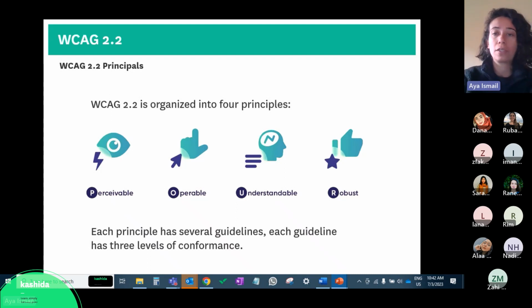So information has to be presented in a way that readers can actually access. And for each one of those principles, there's a list of guidelines that you can follow in order to make information perceivable, operable, understandable, and robust.